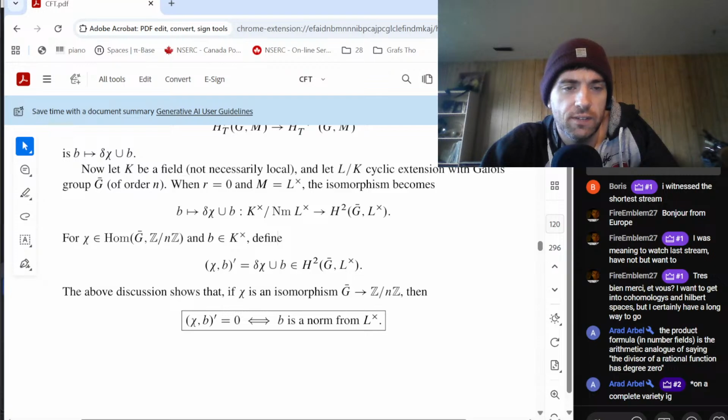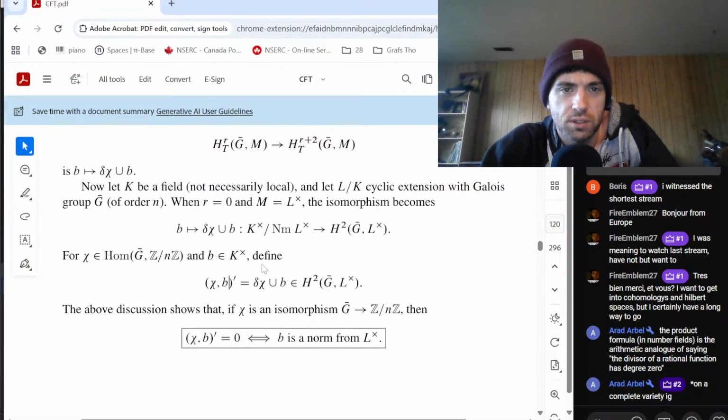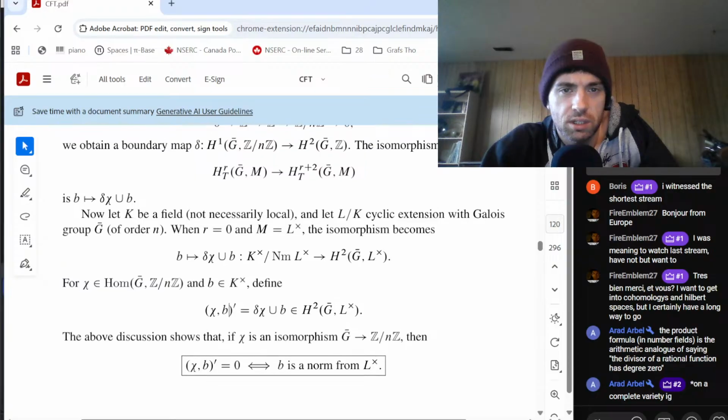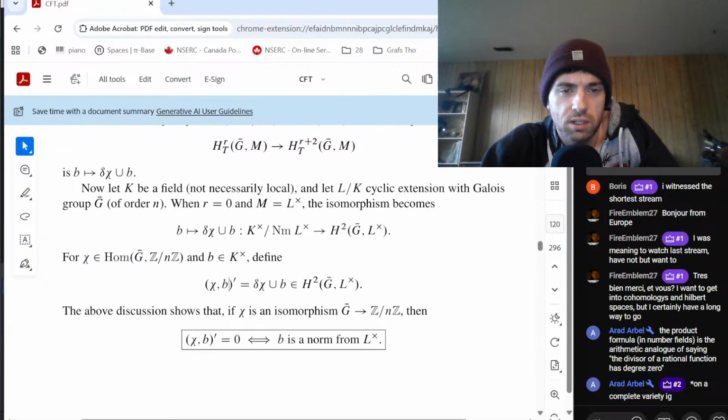For chi in this Hom set and B in K cross, we define this thing prime to be, so this is like a pairing from, where does chi live again?